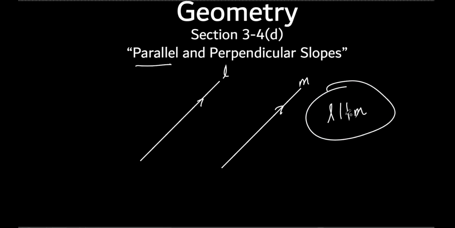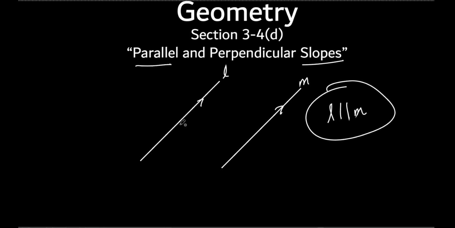But what are we talking about in this last little section yesterday? We talked about the slope of the line. So let's talk about parallel slopes. If these two lines are parallel to each other, just a wild guess, you don't have to prove it, what is a wild guess about the slopes of both of these lines?